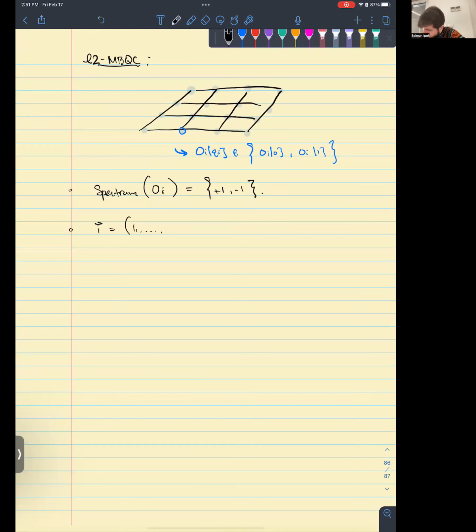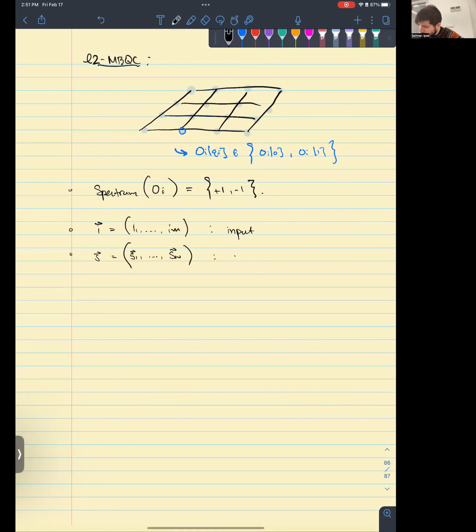I1 to IM, and I will do a little example, the standard Mermin square example, to just make this a little bit more clear. So these are the inputs. For every party, so for every qubit, you do a measurement, you get an output. So for n parties, you get n outputs.